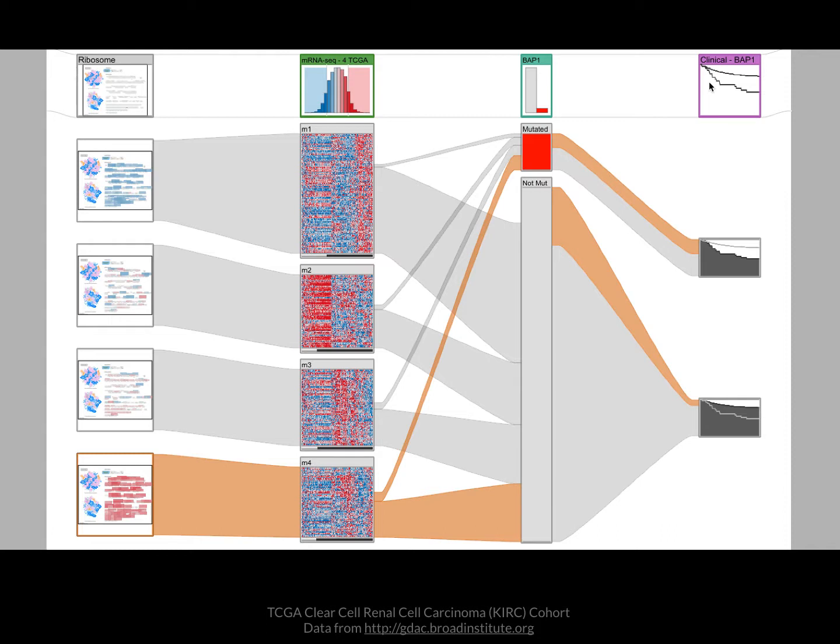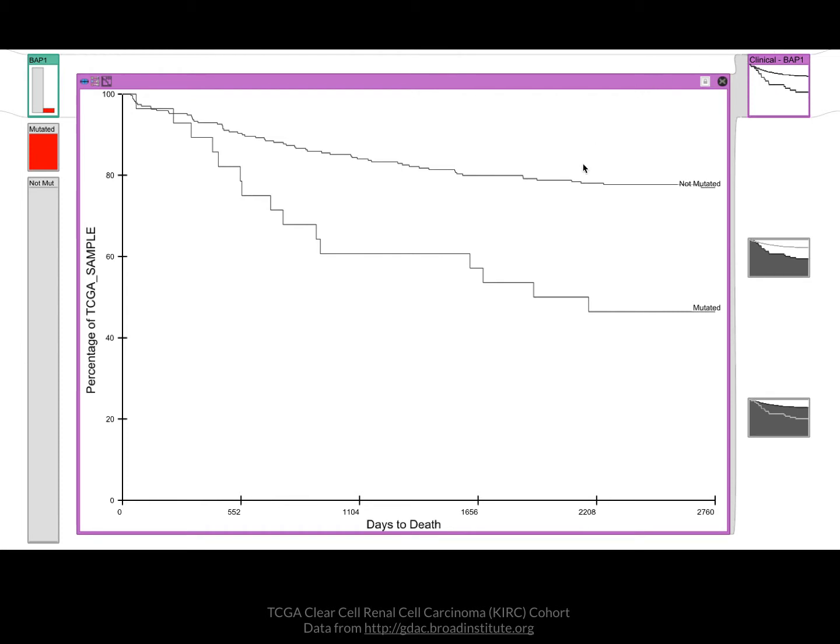For example, over there, we can not only expand these individual cohort blocks, but we can also do the same thing on the summary blocks at the top. So here's the Kaplan-Meier plot for those patient clusters, and we can expand that out in a second, hopefully. Right now we get a detailed Kaplan-Meier plot where we see what these two lines mean, the percentage of patients, the days, how long they lived.